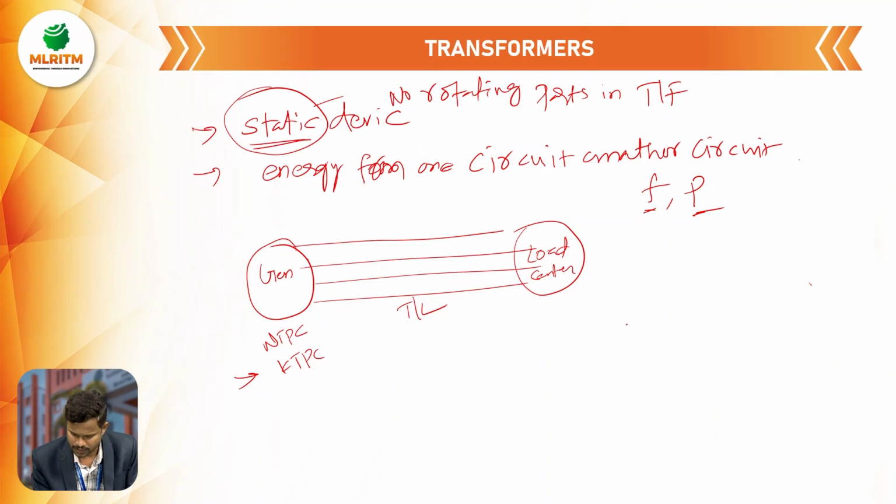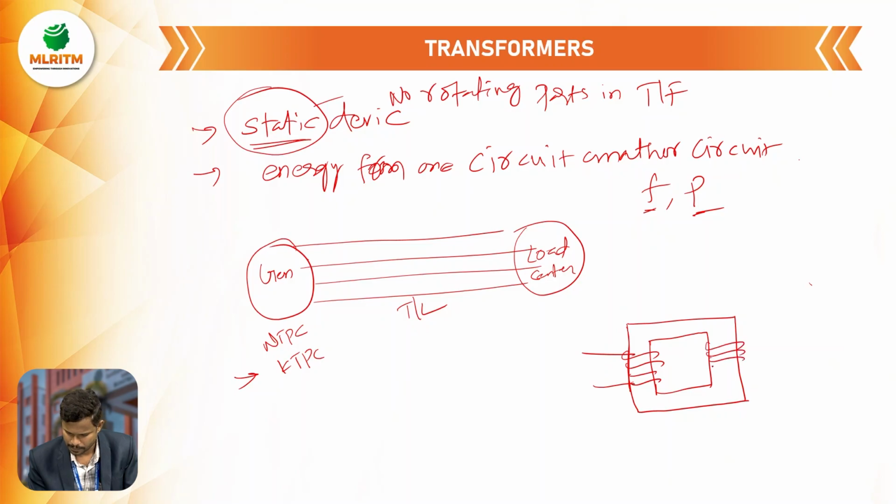The electrical circuit of the transformer can be designed like this. A transformer consists of two windings, called the primary winding and the secondary winding. The number of turns in the primary is called N1, and the number of turns in the secondary is called N2.